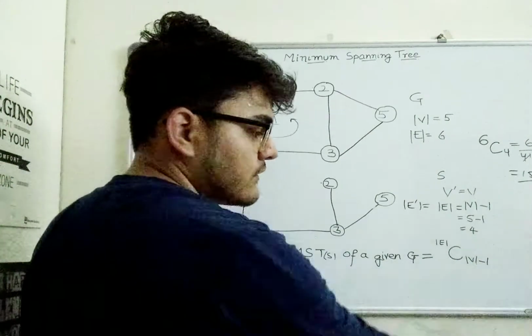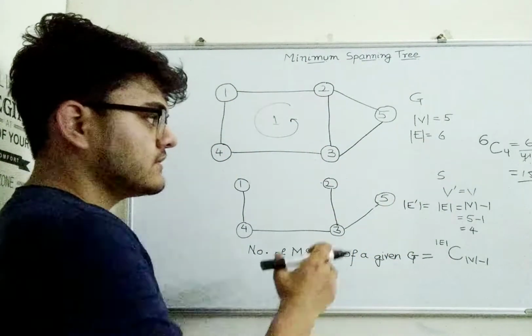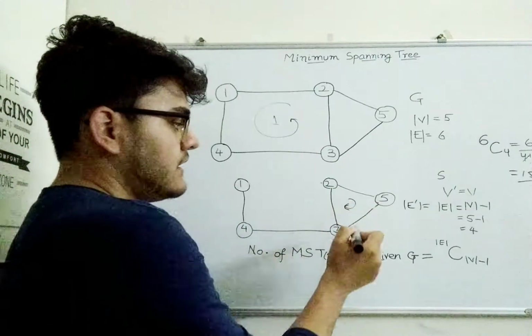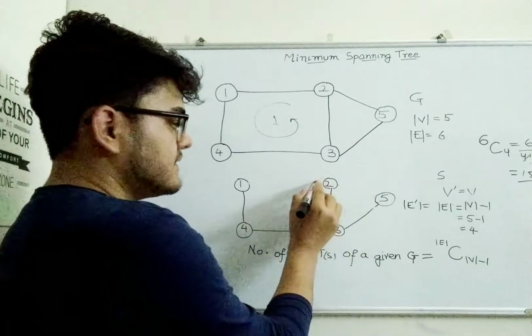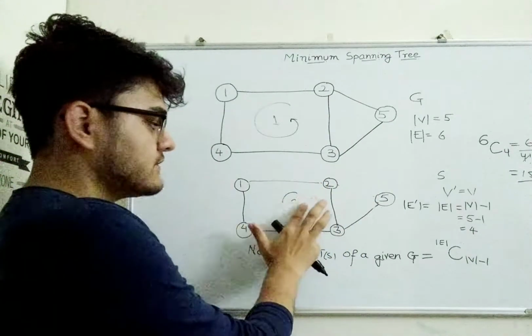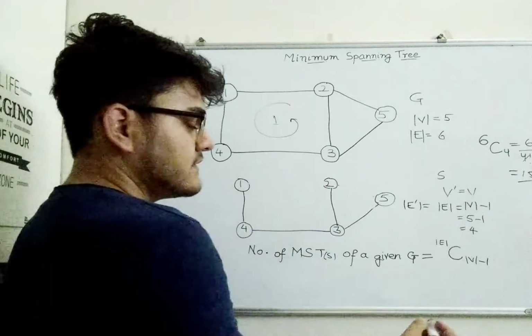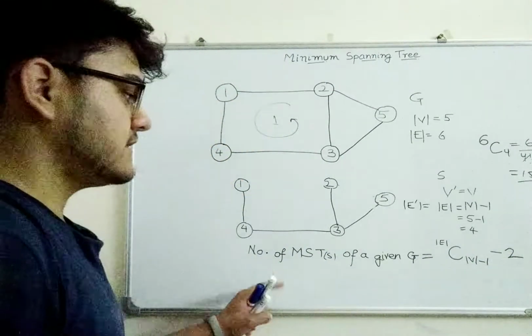And now since we will also have to remove the number of cycles, if there is this edge, there will be 1 cycle, and if I consider this edge there will be one cycle. So I will have to remove these two cycles. So what I'm going to do here is not consider two minimum spanning trees.